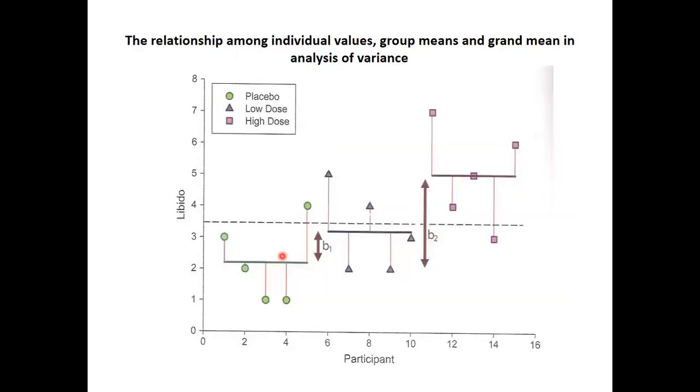Now, just to create a mental picture of what we have just done, the same data set for the libido is put in a graph like this. The green circles are the placebo. The triangle, I don't know which color, blue or purple, is the low dose.